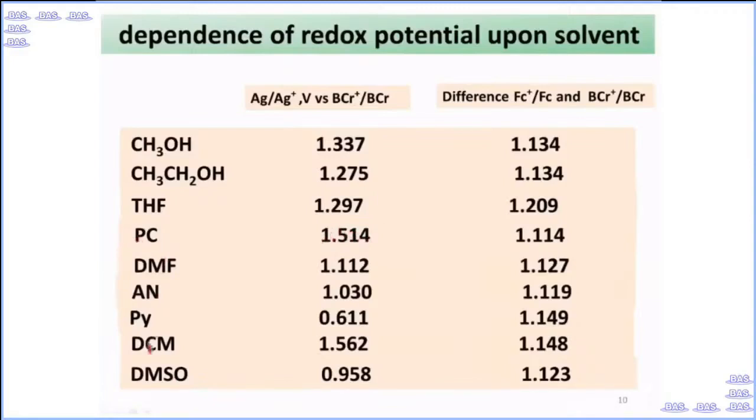So propylene carbonate or dichloromethane is such an unpolar solvent compared to methane or ethane or THF or DMSO. So you need the comparative value of potential using this kind of solvent.